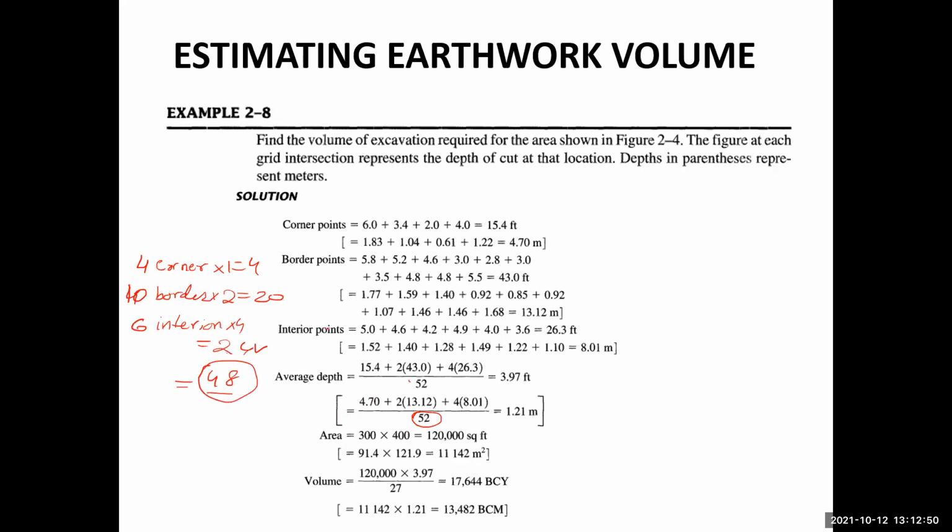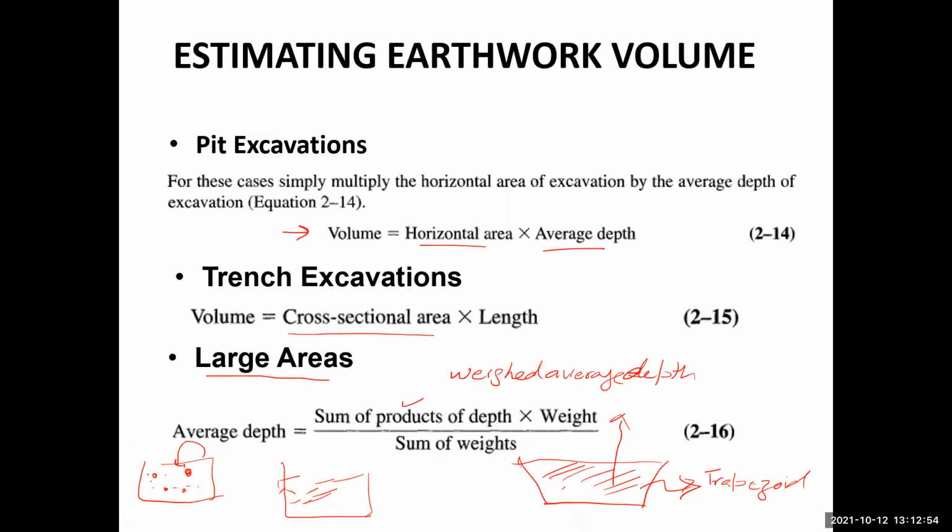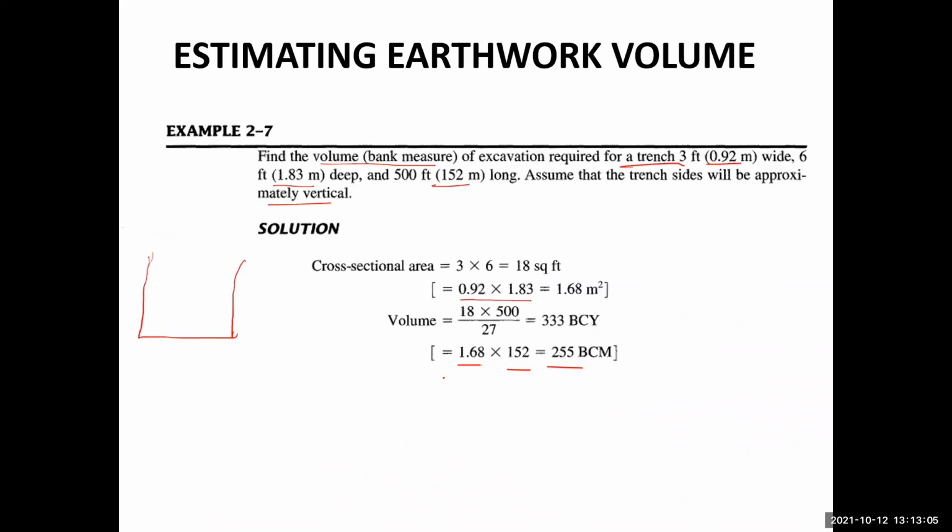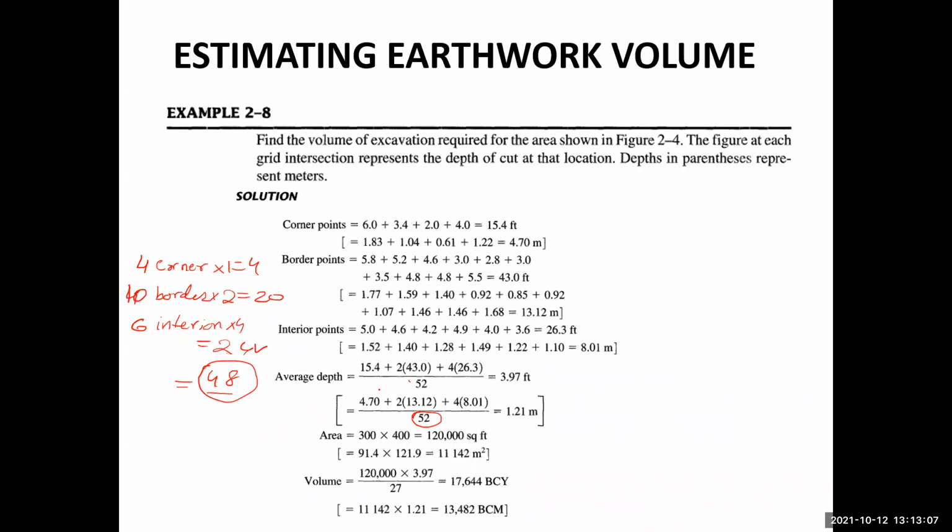If you see, the formula is the sum of the products of depth times weight divided by the sum of the weights. The sum of the weights is this, so it should be 48 anyway. Whatever the answer is will be multiplied by the area.